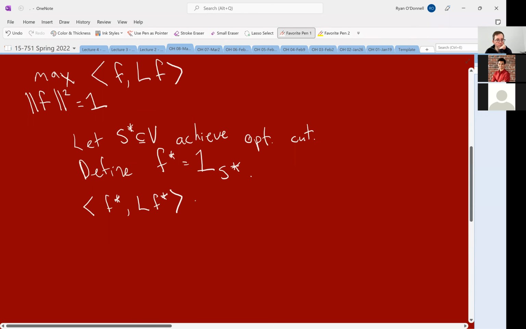And how can we relate this to the number of edges cut by S star? This is the number of cut edges over the number of edges, right? Divided by 2, I think, because it's the number of edges going out.